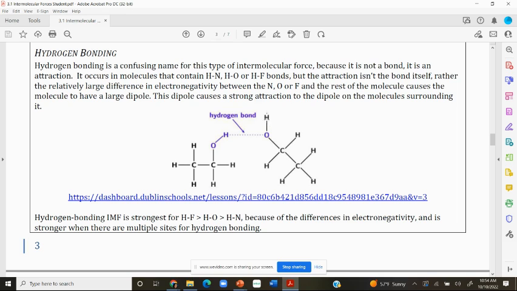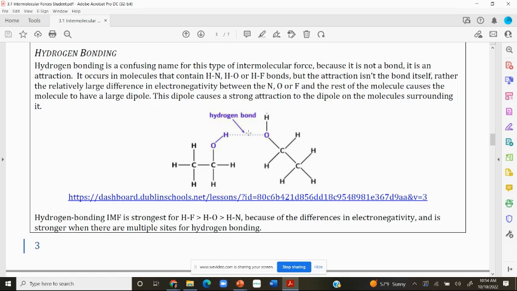The reason why this happens is because oxygen, fluorine, and nitrogen are very electronegative, meaning they are going to hog the electron from the hydrogen, and it's going to cause this to be more negative compared to the hydrogen here.